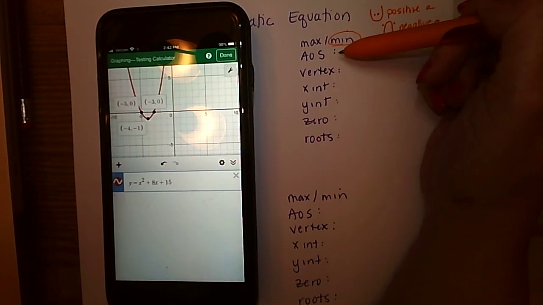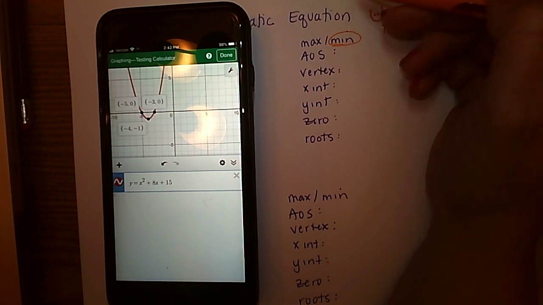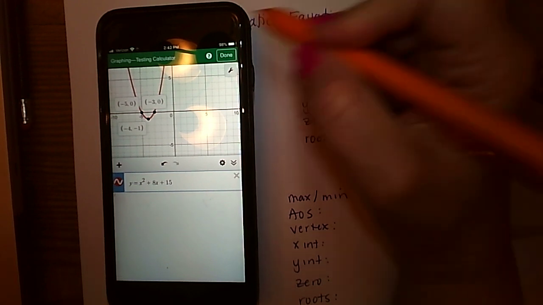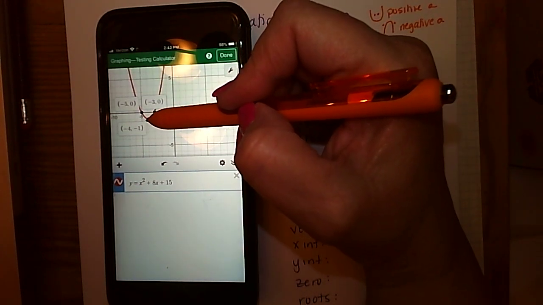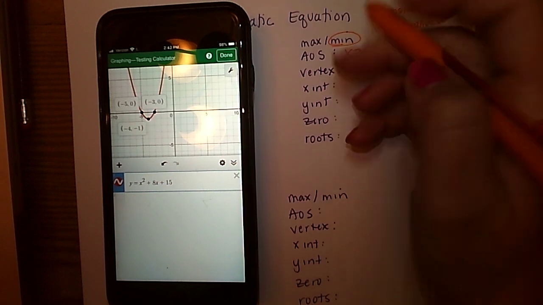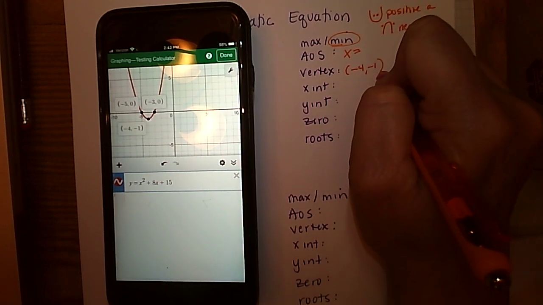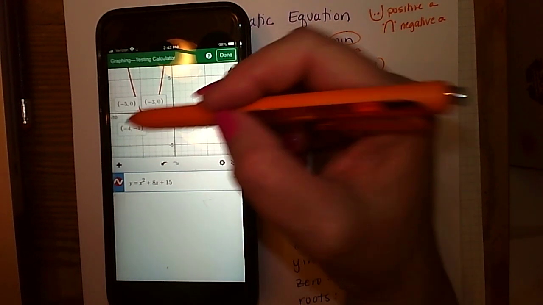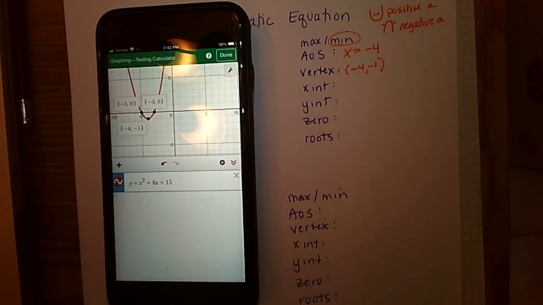So to look for my axis of symmetry on here, we know that it is the equation x equals the x of my vertex, being the lowest point on my graph right here. So right away I could go ahead and fill in my vertex to be -4, -1. And then I know that the x of my vertex makes my axis of symmetry x equals -4.